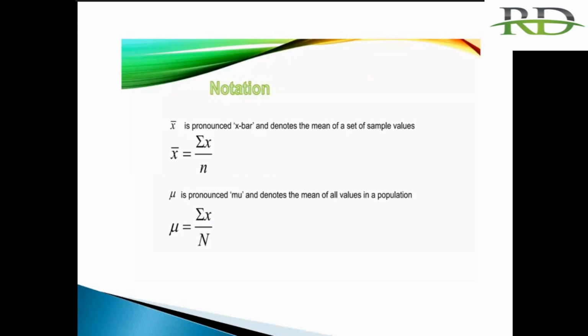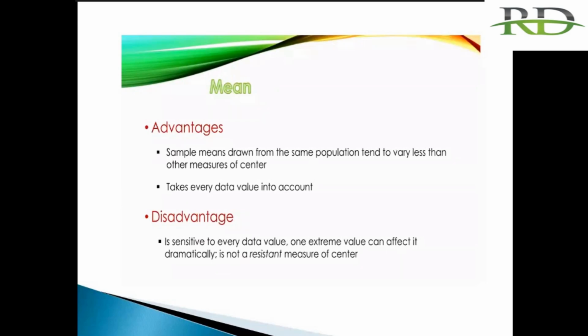So this is the basic formula for arithmetic mean, that is the sum of the observations divided by the number. And what are the advantages? Mathematically it is very strong, and we can calculate it and further use it for future observations as well.